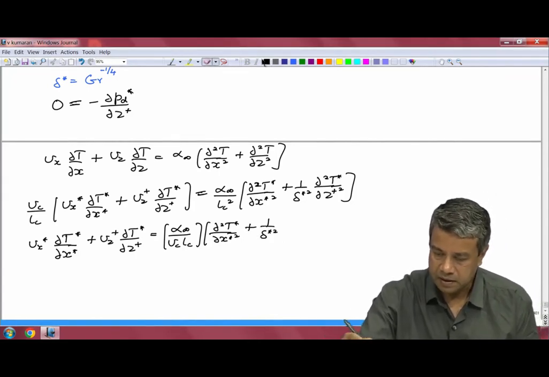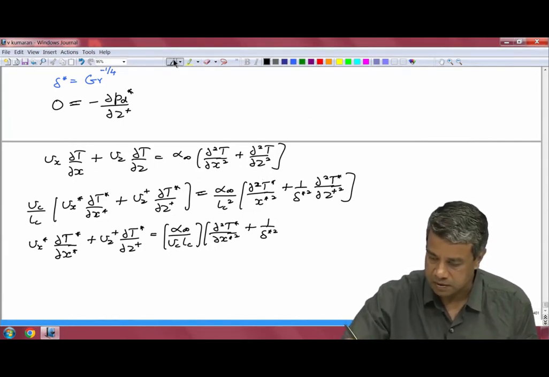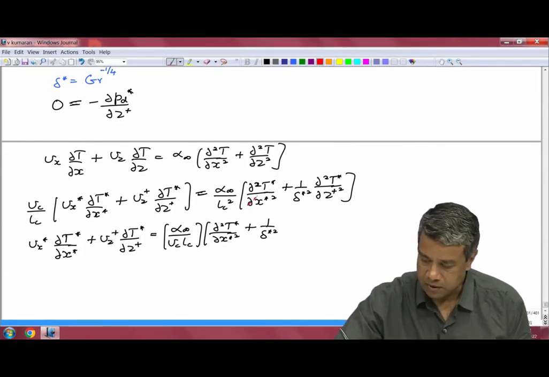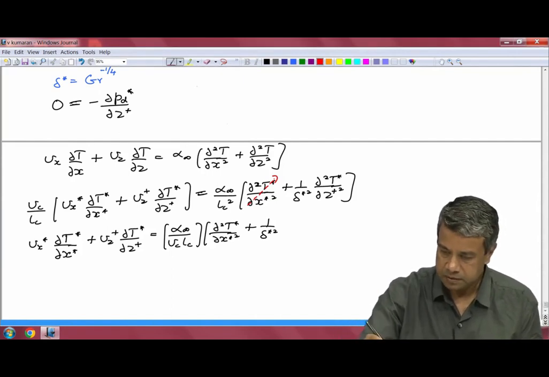I can neglect here the streamwise diffusion in comparison to the cross stream diffusion.